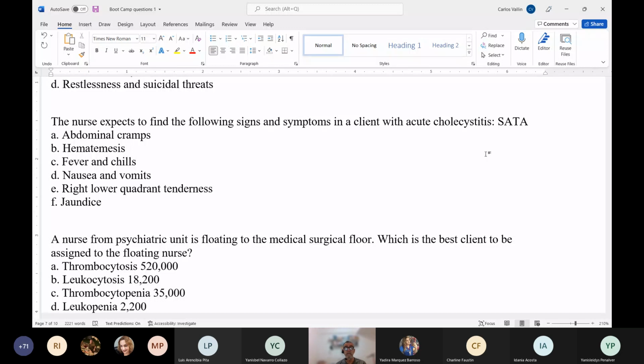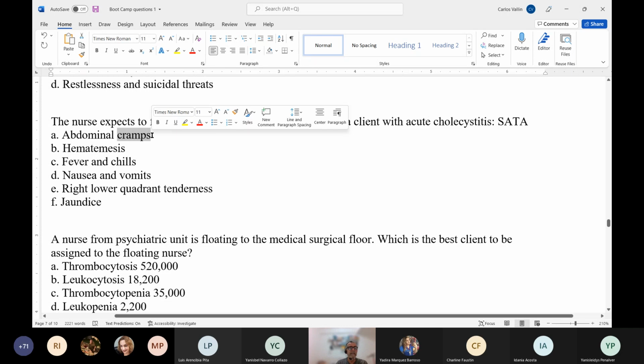It's called acute cholecystitis. And you anticipate that the patient is going to have pain and fever. So, abdominal cramps. We define abdominal cramps as an intermittent pain that originates in the intestine.